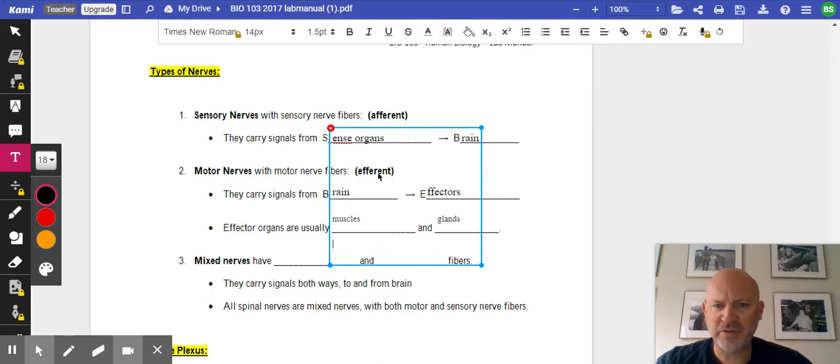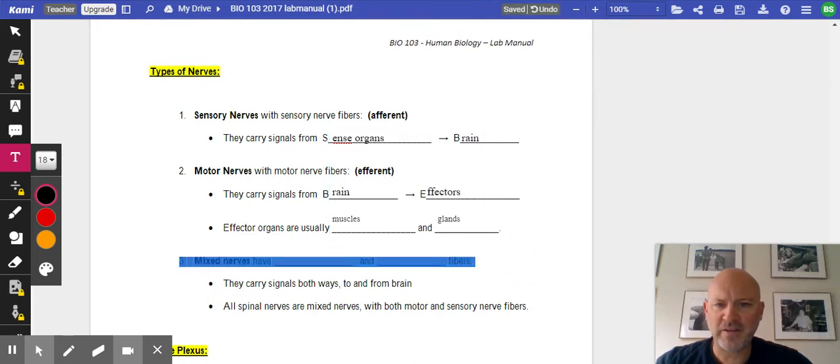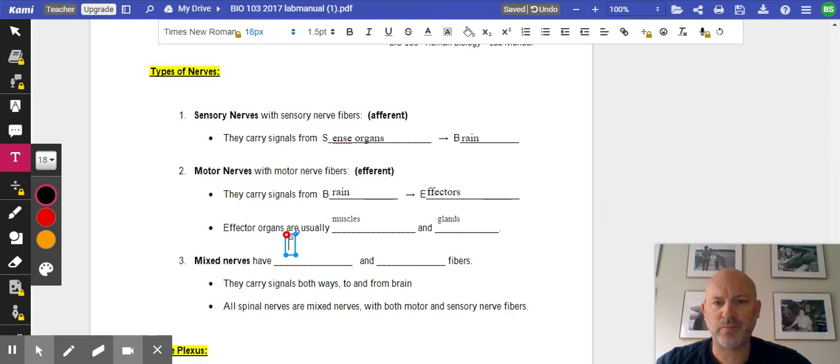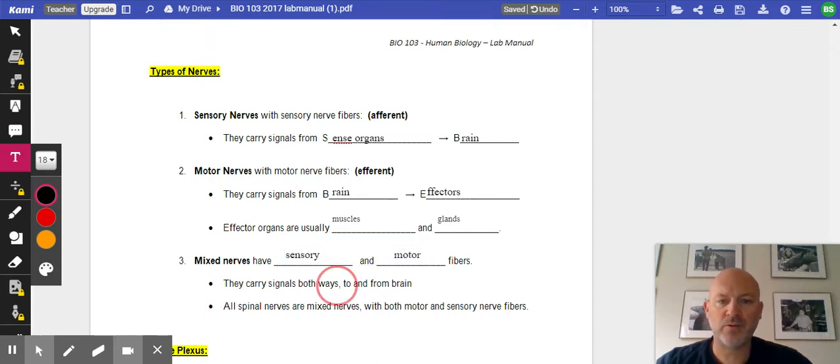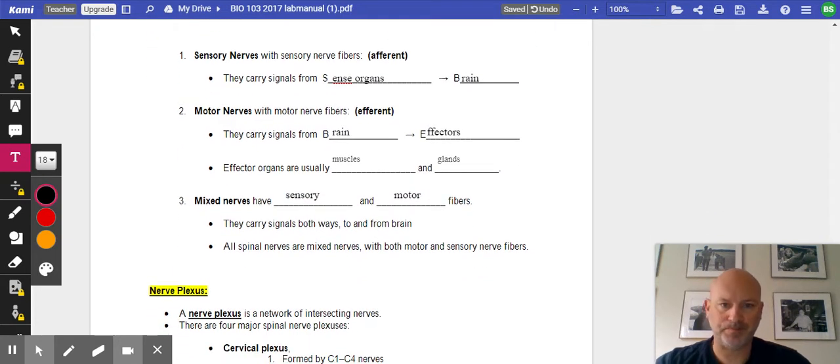And mixed nerves, what do they have? Well, they have both, right? Mixed nerves are nerves that contain both sensory and motor neurons inside of them. So they carry signals both ways.